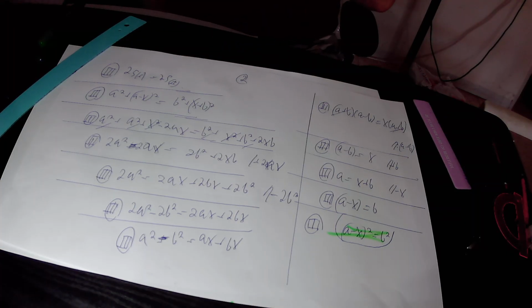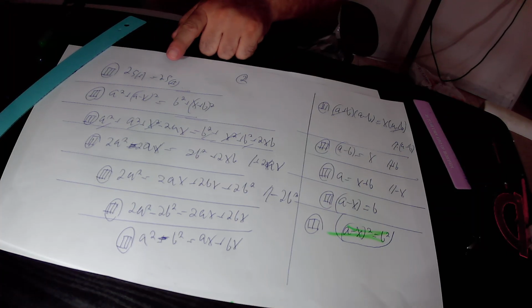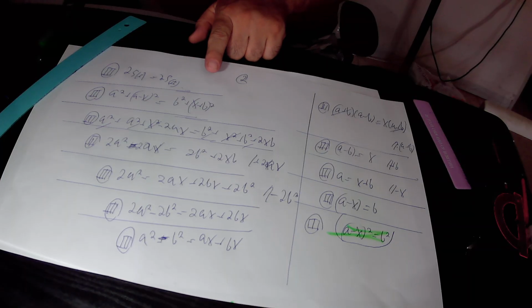So in total, according to equation 3, we have found out that A squared plus (A minus X) squared equals B squared plus (X plus B) squared.